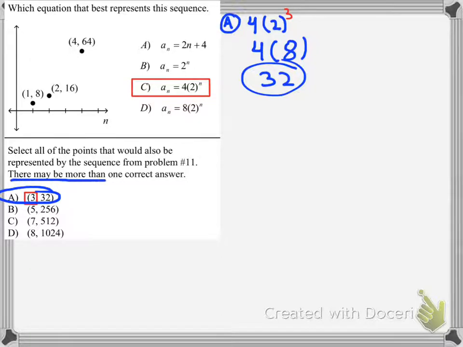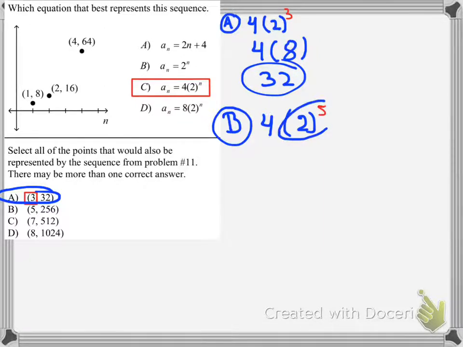Now, there may be more than one correct answer, so we need to check more than one. So let's try letter B. For letter B, we are going to plug in a 5 and see if it gives us 256. So with 2, but instead of the n will be a 5. And we are going to multiply 2 times 2 times 2 times 2 times 2, 5 times.